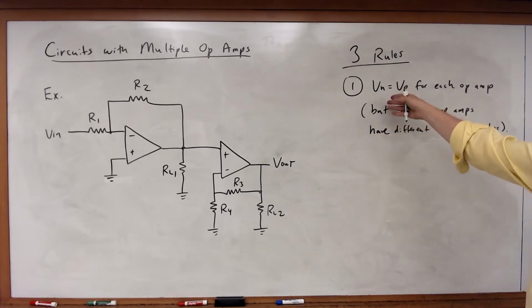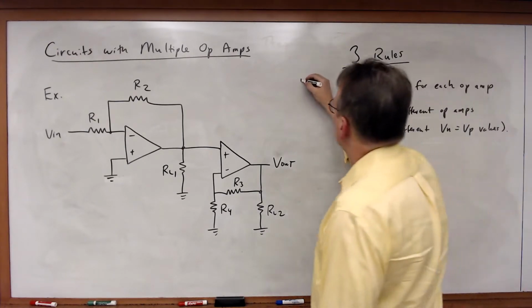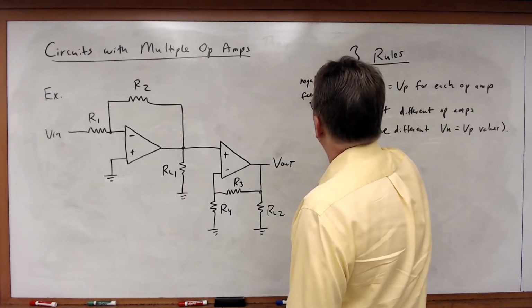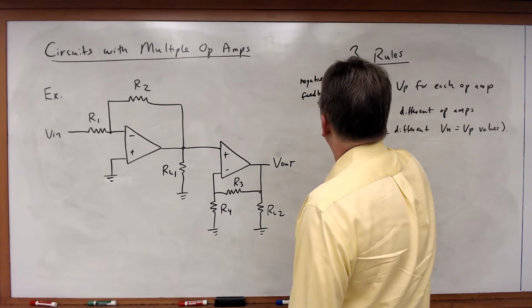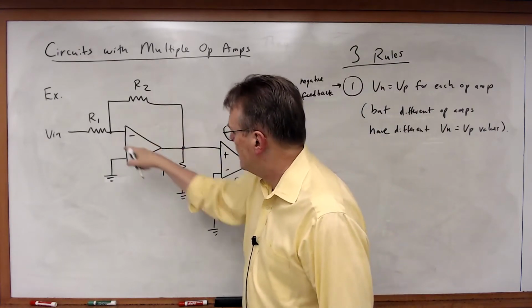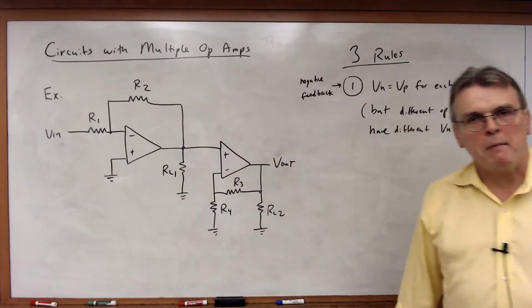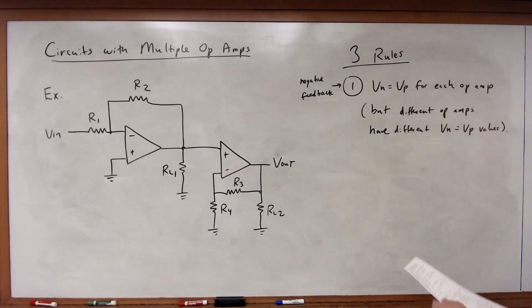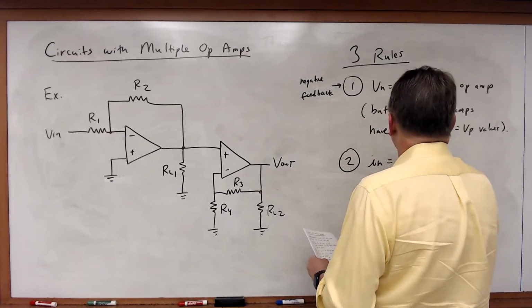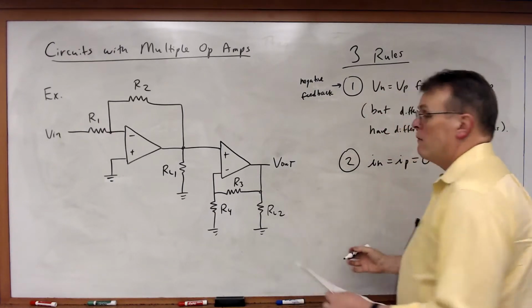And of course, rule number 1 assumes negative feedback, which of course is certainly the case here. I've got a path from the output to the inverting input for both of those op-amps in this circuit. Rule number 2: In is equal to Ip is equal to 0 for all op-amps.